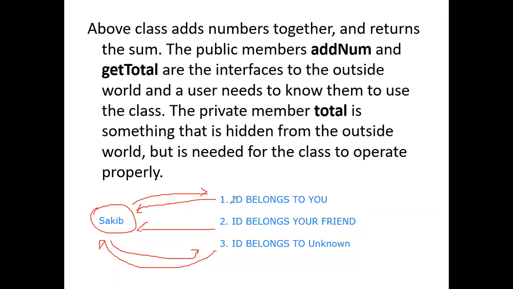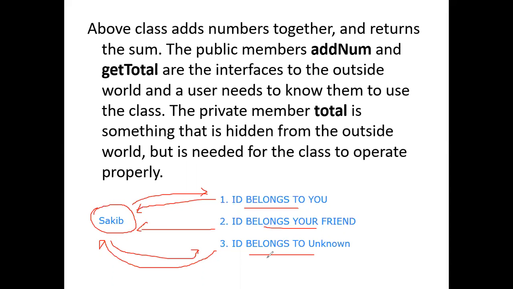For example, if the ID belongs to me and I want to see the information, I can also edit the information. If the ID belongs to my friend, he will only be able to see what I have shared, but he will not be able to edit anything. He might be able to comment. If the person is an unknown person, he will not be able to post or comment anything.